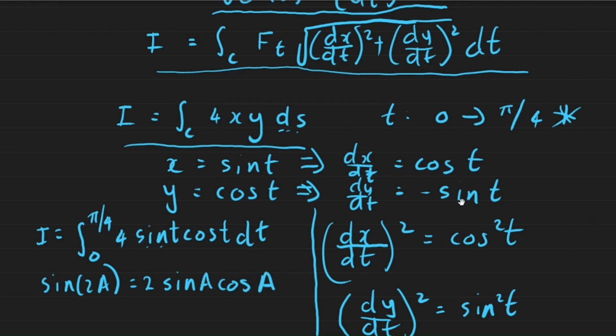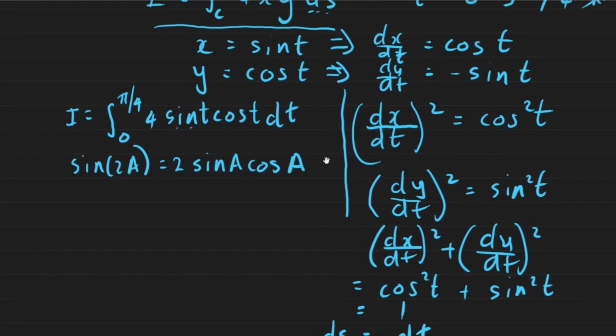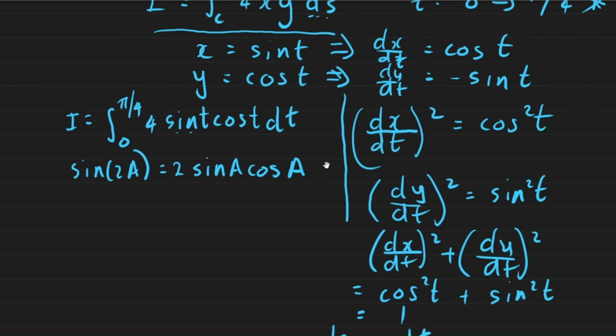So we would now put that into our integral. So what this means is that I now becomes 2 times the integral from 0 to pi over 4 of 2 sine 2 theta.